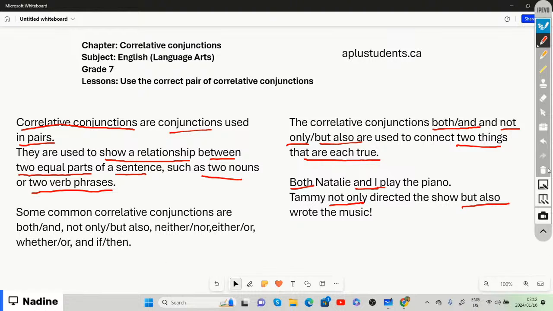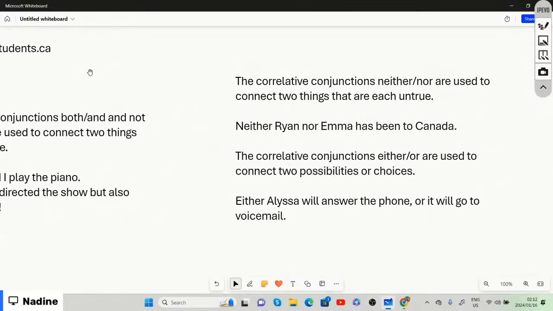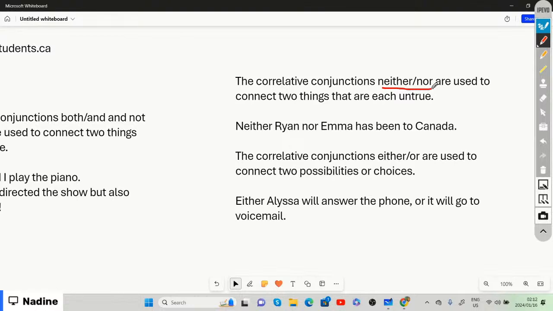If we go on to the next correlative conjunction, the correlative conjunction neither nor is used to connect two things that are each untrue, which means that it is not true. So it connects two things that are not true.